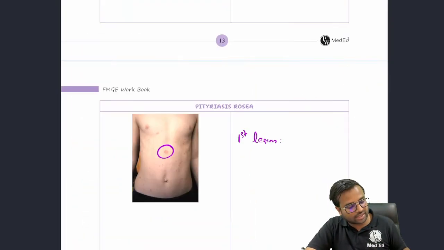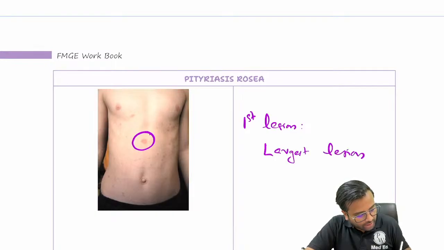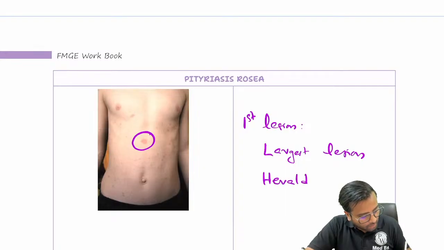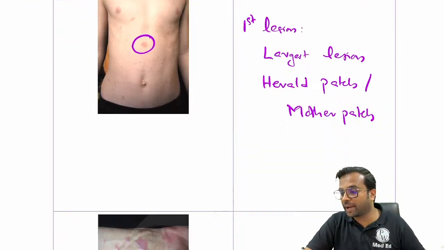Because this is the largest lesion, and this lesion is also called the herald patch or mother patch. So this is called the herald patch or the mother patch, isn't it?